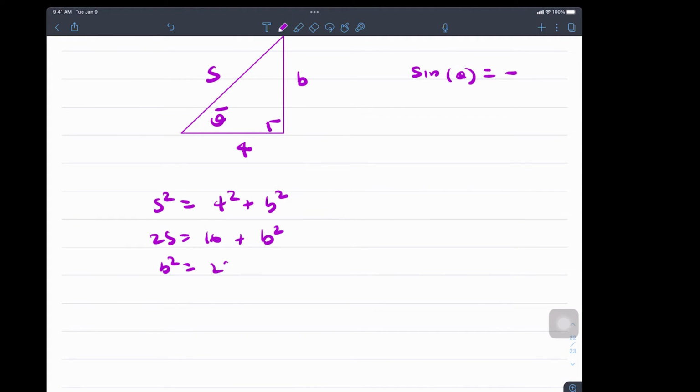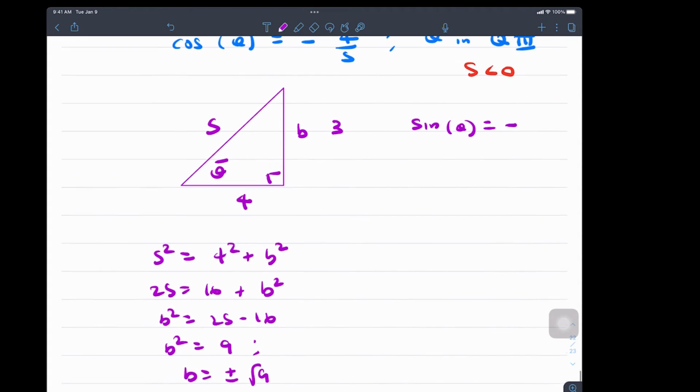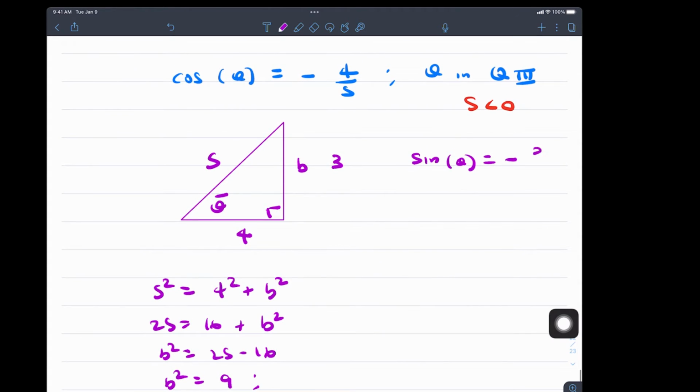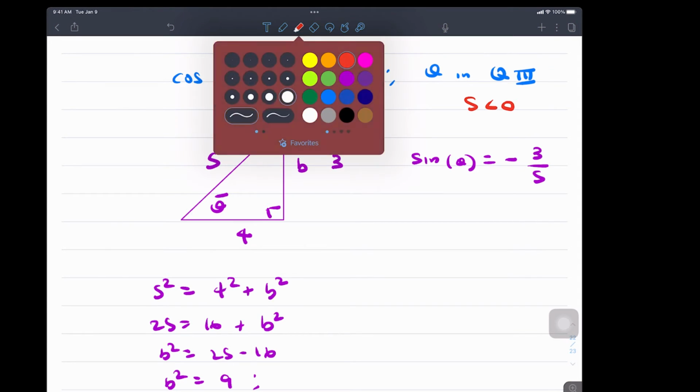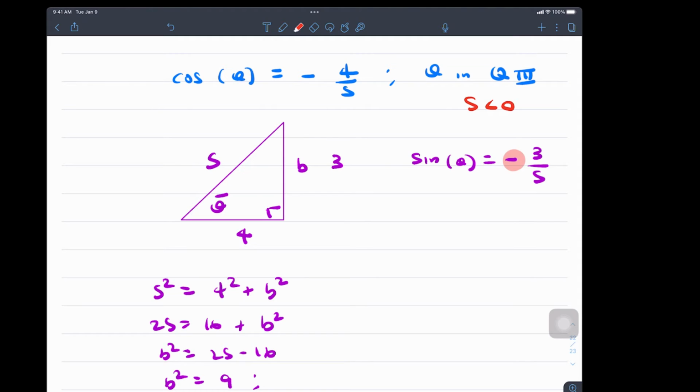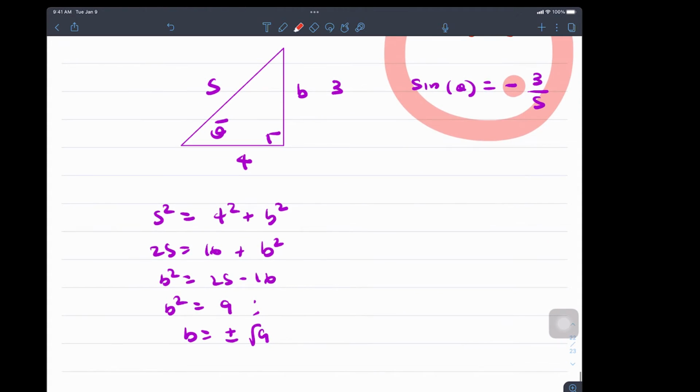B squared is 25 minus 16, and B squared is 9. So B is going to be positive 3. So sine is actually negative 3/5.